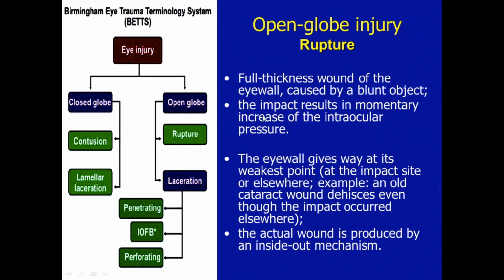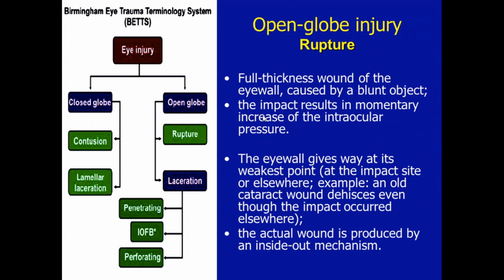Okay, let's speak a bit about open globe injury, rupture. Rupture is a full thickness wound of the eyeball caused by a blunt object. The impact results in a momentary increase of the intraocular pressure.